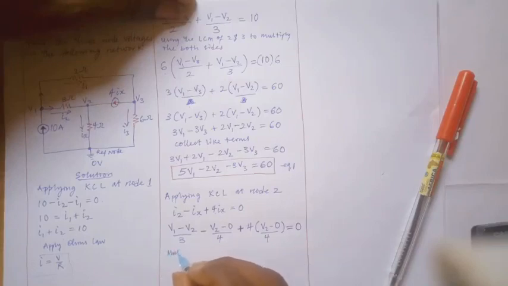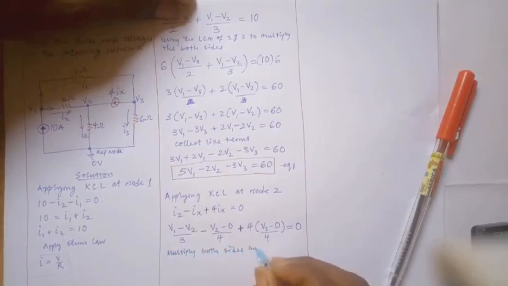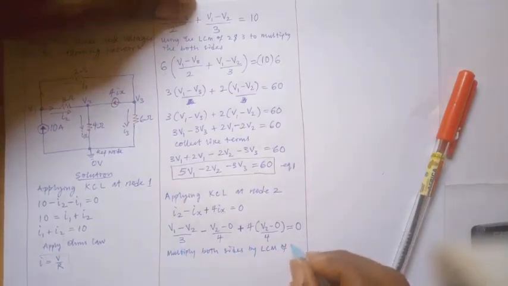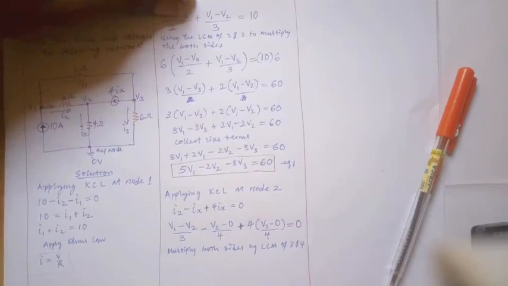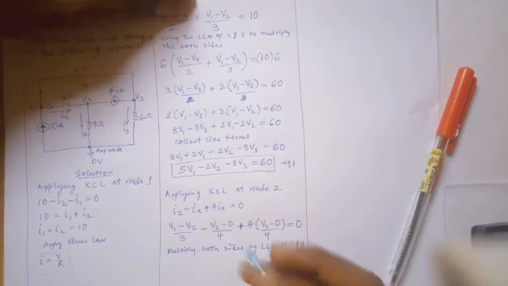Multiply both sides by the LCM of 3 and 4. You know 4 is common, and 3. So we now say 3 and 4. Okay. Now, what is the LCM for 3 and 4? What comes to your mind? I got that. That is 12. Thank you. That is 12.